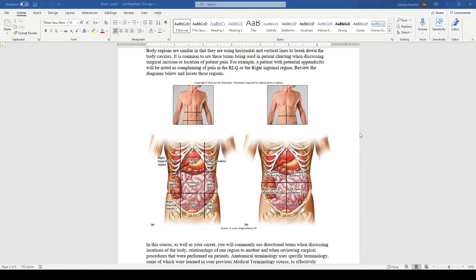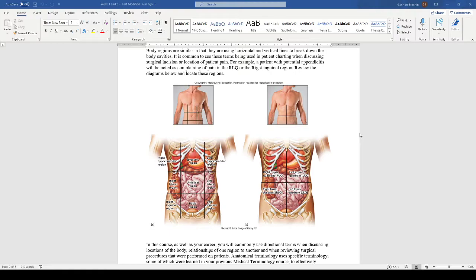Next, to the left and right of that, we have what's called the hypochondriac region. Okay, so we don't need to think about the term hypochondria, but think about what hypochondriac actually breaks down into. It's hypo, which is going to mean below, okay, and chondriac region.